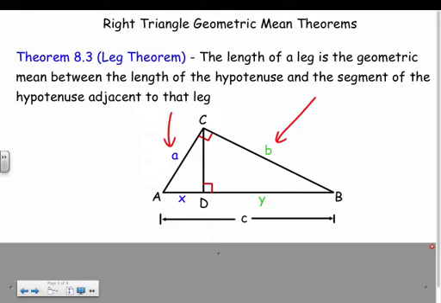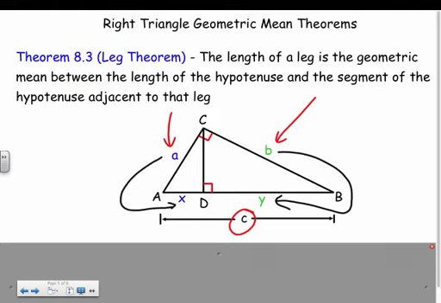The length of a leg is the geometric mean between the length of the hypotenuse, which is C, and the segment of the hypotenuse adjacent to that leg. If I'm looking at A, the segment adjacent would be X. If I'm looking at B, the segment adjacent would be Y.